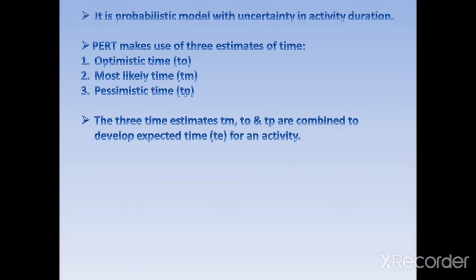So by considering TO, TM, and TP, we calculate the expected time to complete that particular activity. The formula for TE is (TO plus 4TM plus TP) divided by 6. We use this formula to calculate the expected time to complete an activity.